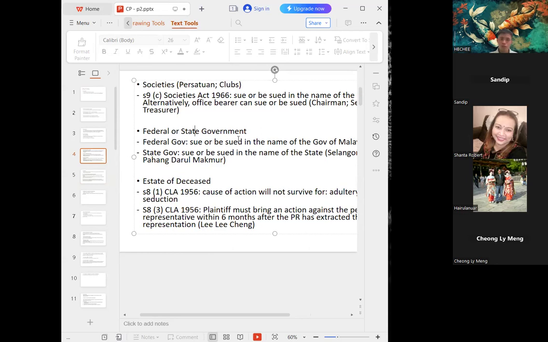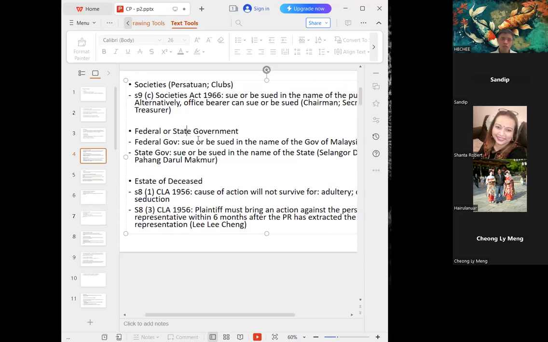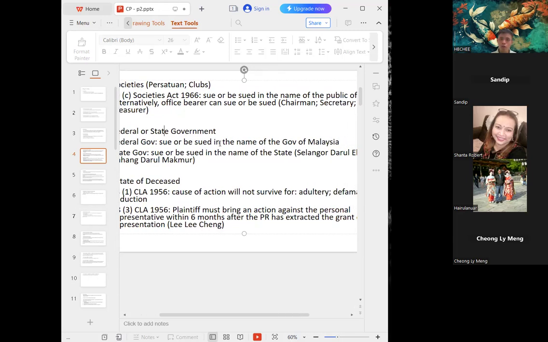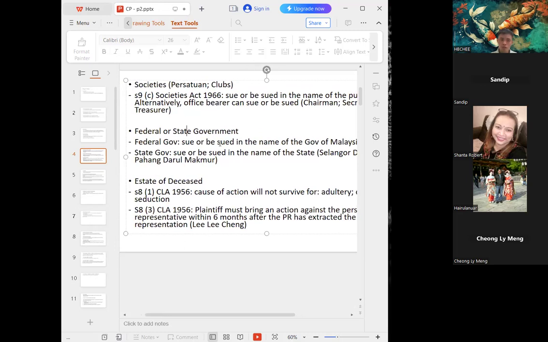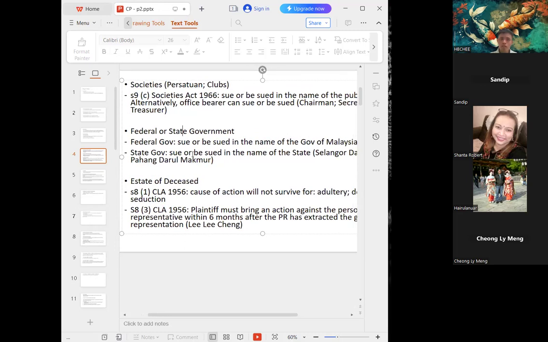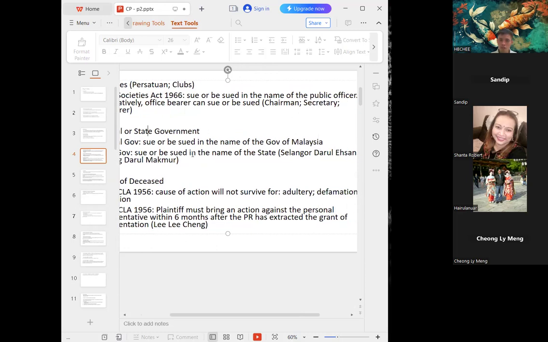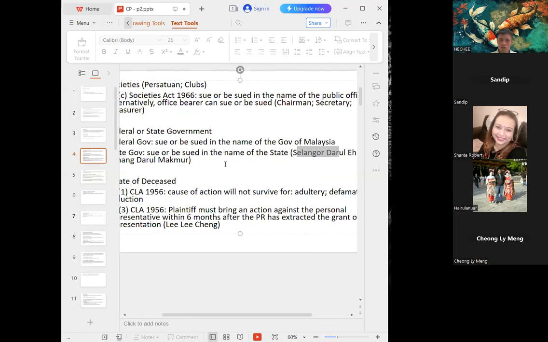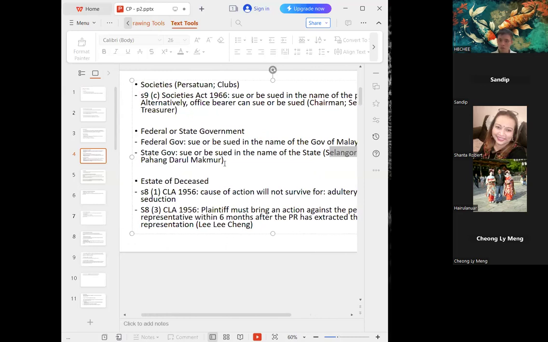The federal government is the central government, and the state government is divided into different states. In case you are suing the federal government, they can sue or be sued in the name of the Government of Malaysia. However, a state government can be sued in the name of the state, for example, Selangor Darul Ehsan or Pahang Darul Makmur.